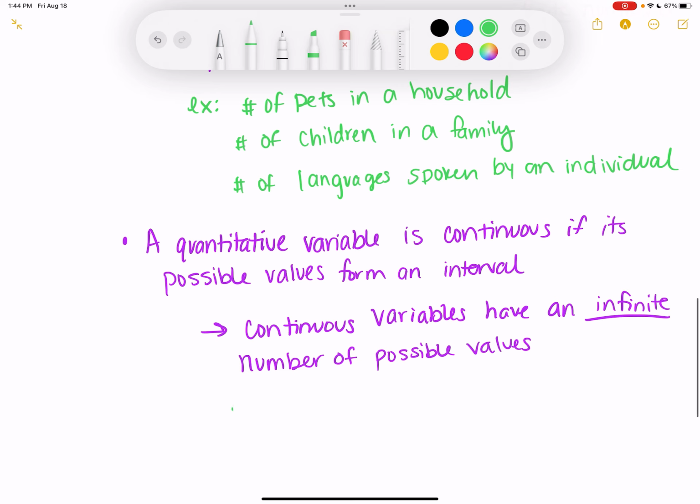So some examples of this are going to be height or weight, age, and blood pressure.